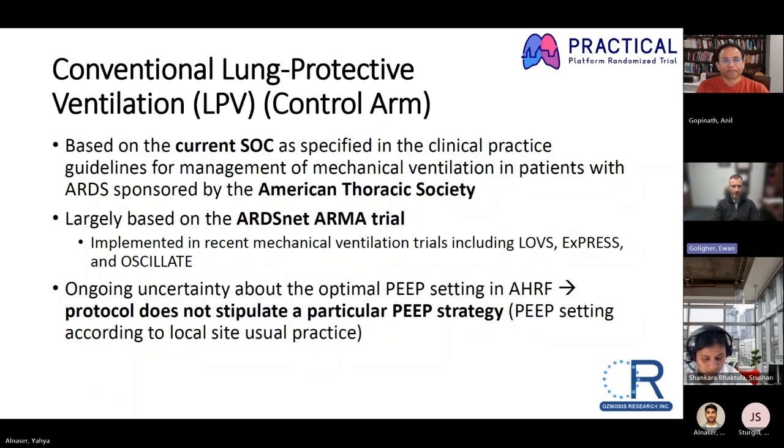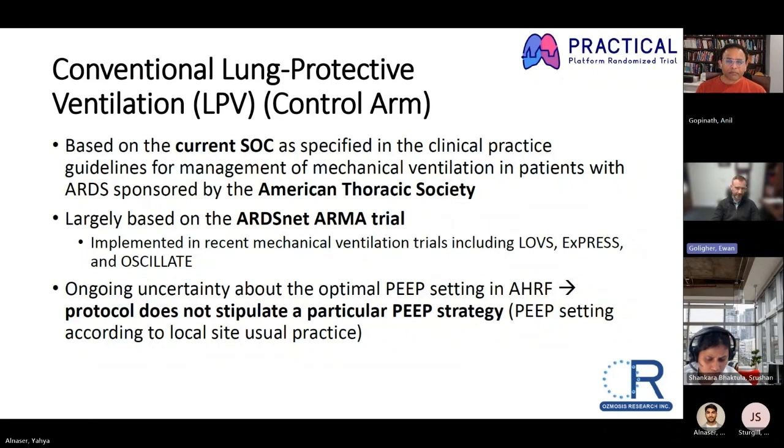All right, so once the patient's randomized, we want to talk about how the intervention, the protocol in each arm, is designed. So the usual care or control arm is conventional lung protective ventilation. This will be the ventilation strategy that's very familiar to you, because it's basically consistent with current best clinical practice according to ATS guidelines.